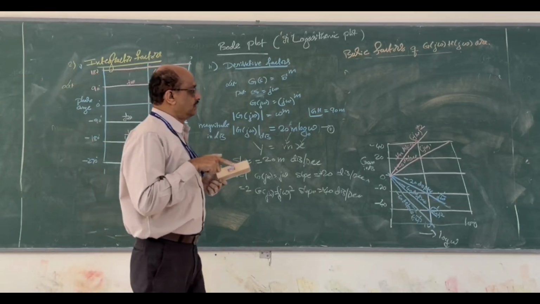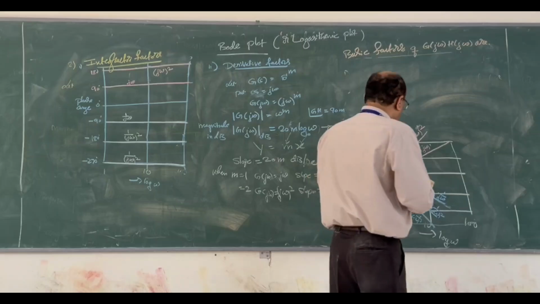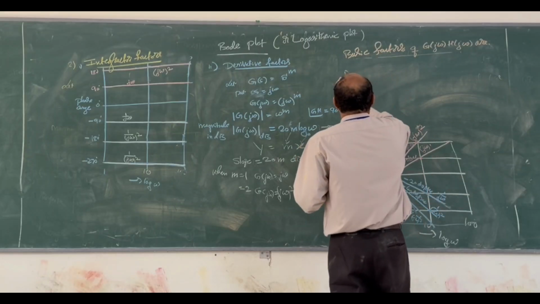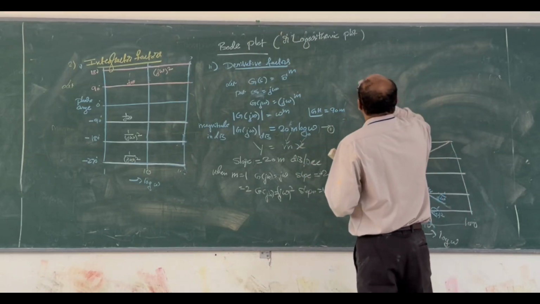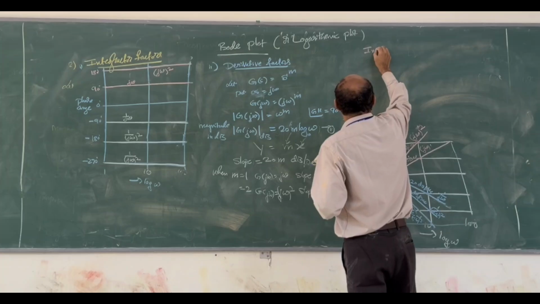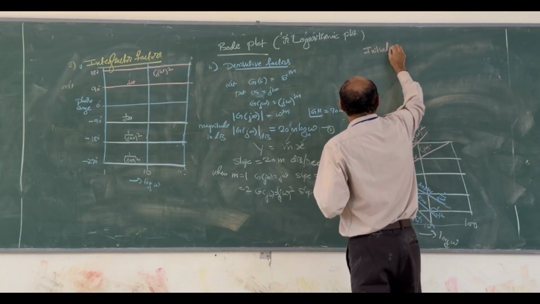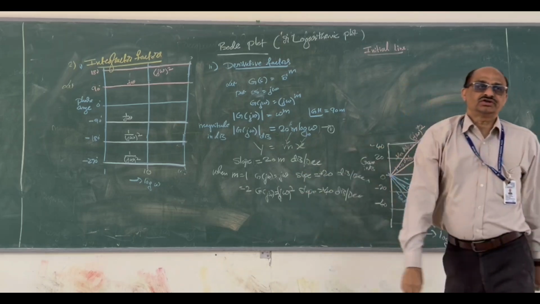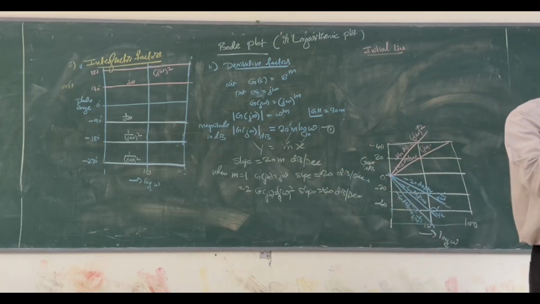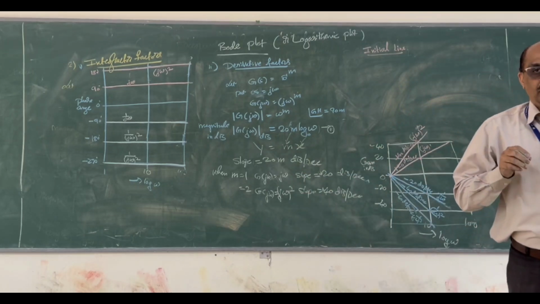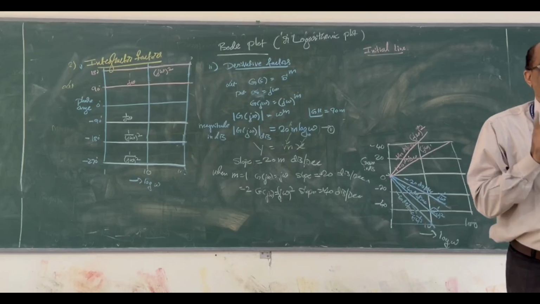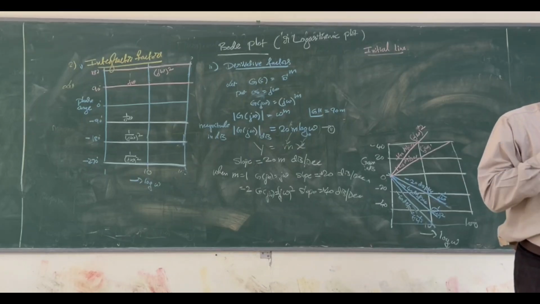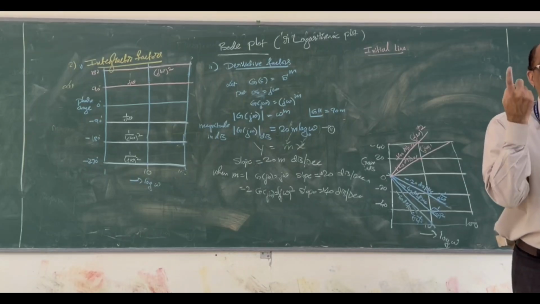Another important thing here is the initial line. The initial line is always due to the gain K and the integral factor or derivative factor.